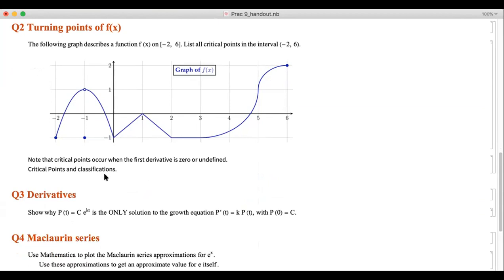Give me the critical points, and then I'll try to write them down. It shouldn't be hard. Can you give me at least some of them? There are many.